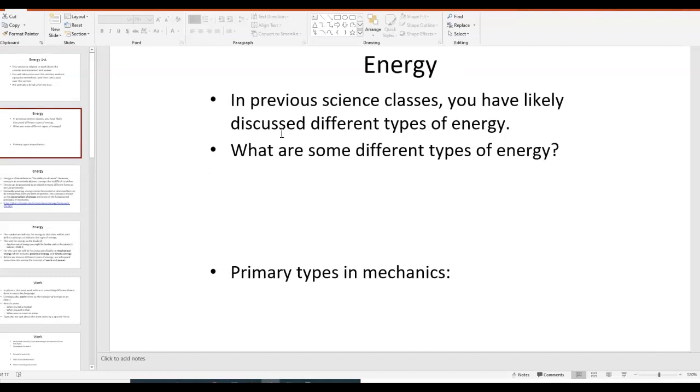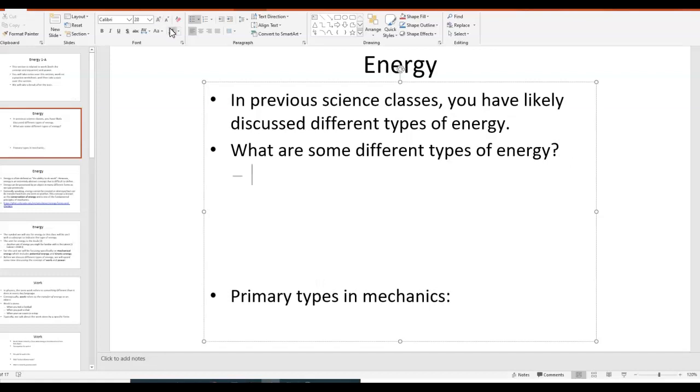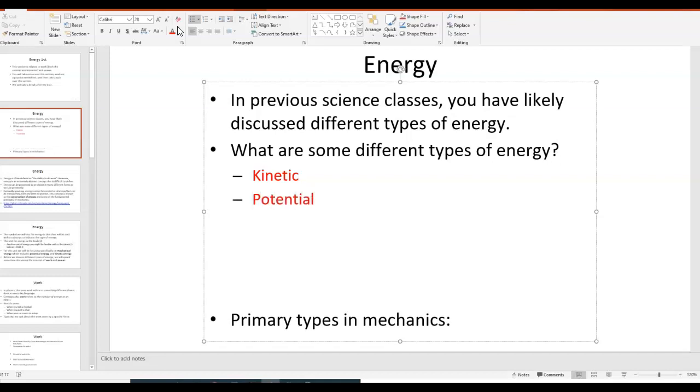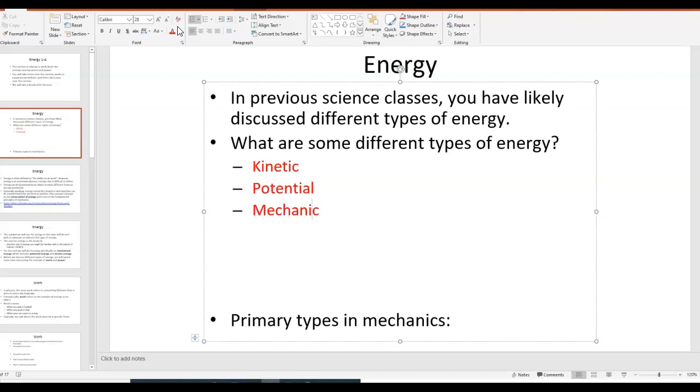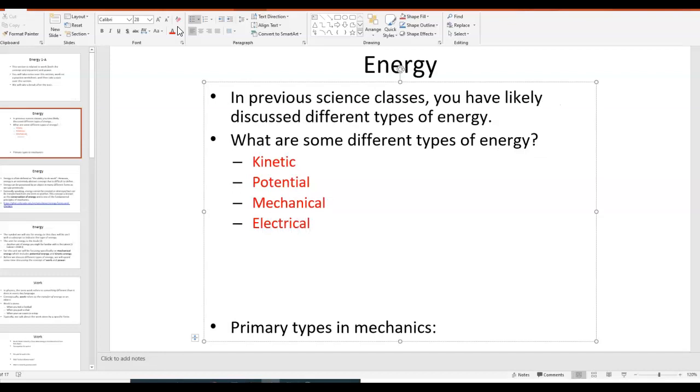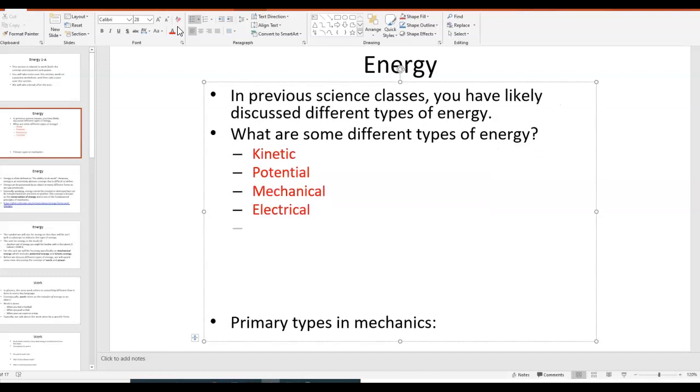Okay, so let's start by talking a little bit about energy. Now, in your previous science class, you've probably heard about energy before, and you've probably talked about different types of energy. So what are some different types of energy that you can think of? Just to name a few that you might have heard of, we have kinetic energy, potential energy, mechanical, electrical, and this is not a comprehensive list.